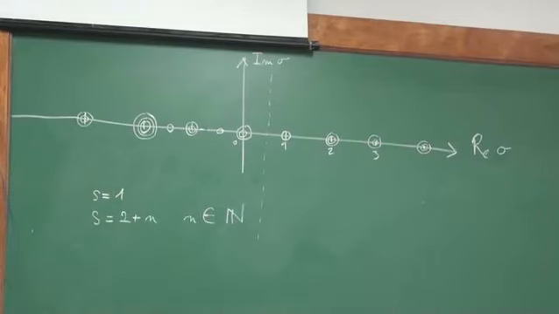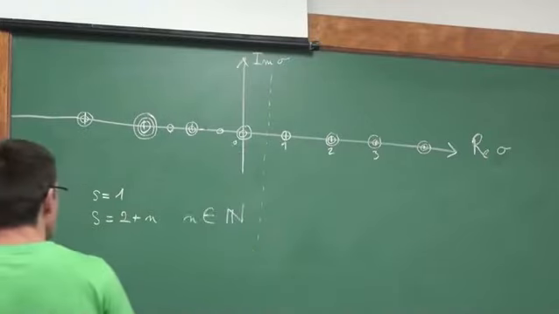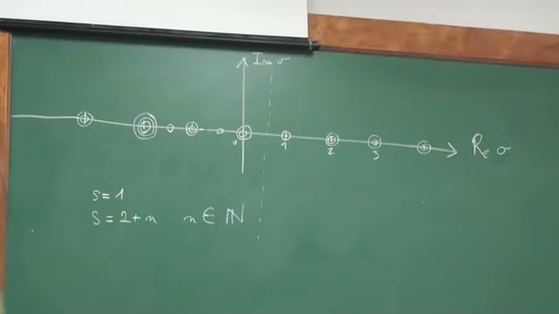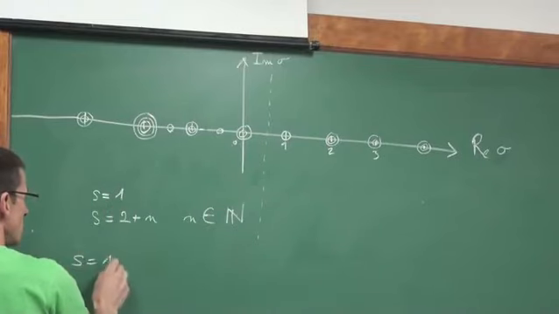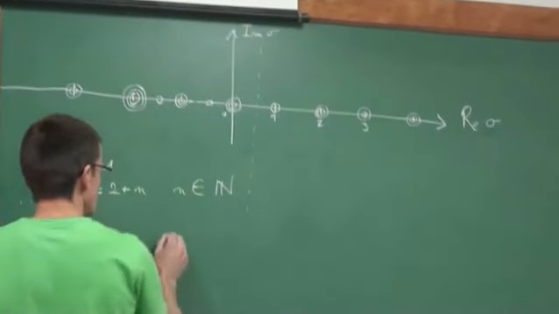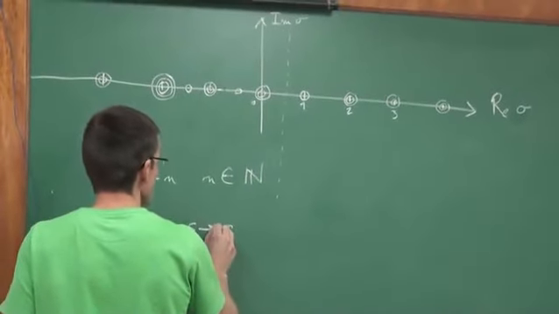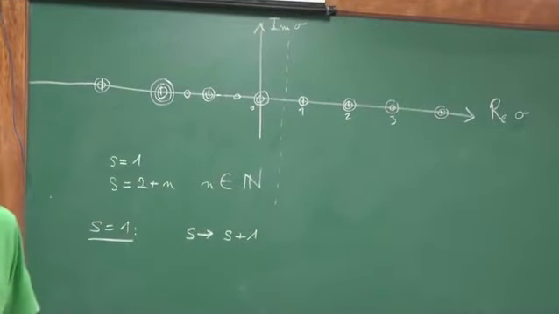These are all the singularities I have. So closing the path to the right, I have to compute in fact the residues of the integrand. And it's easier to perform it with the change of variable s becomes s plus 1, in order to exhibit the singularities that we will encounter here.